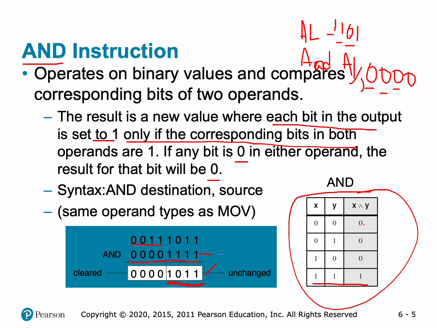So now AL will get changed to all zeros. So 1, 1, 0, 1 are going to go away and get changed with all zeros. So that's one way that I can clear my registers, by ANDing my register with all zeros. And if I don't want to make a change, as you saw down here, I would then AND it with all ones. Right there.